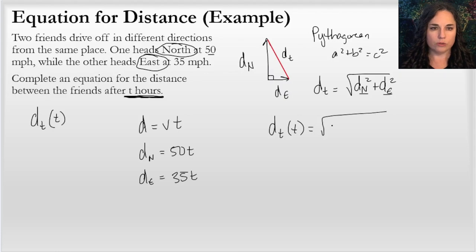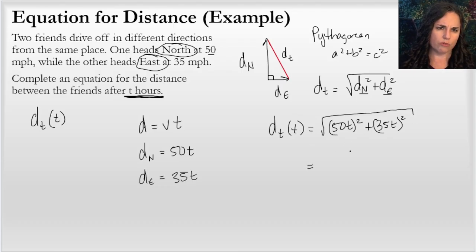The square root of (50t) quantity squared, I have to square both those terms, plus (35t) quantity squared. You could be done with that, but I think I'm going to do some factoring overall. Overall, this is 50 squared t squared plus 35 squared t squared.